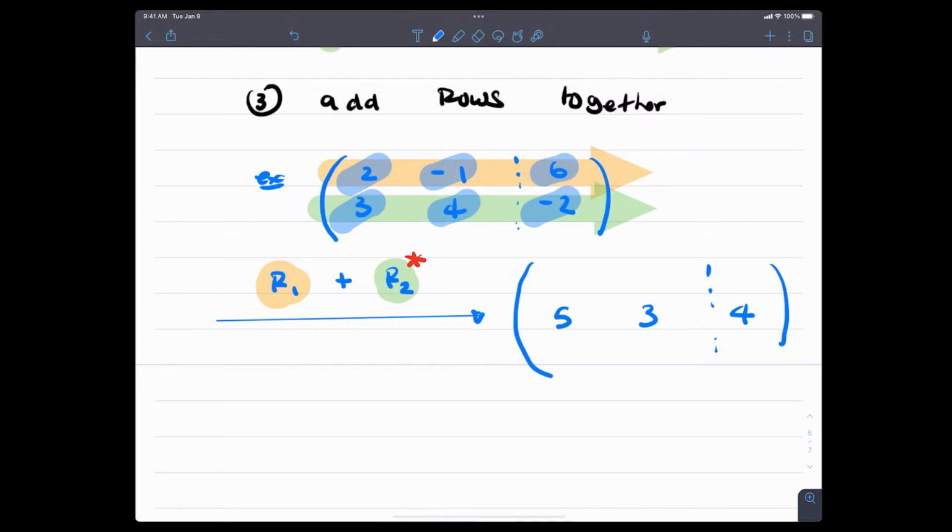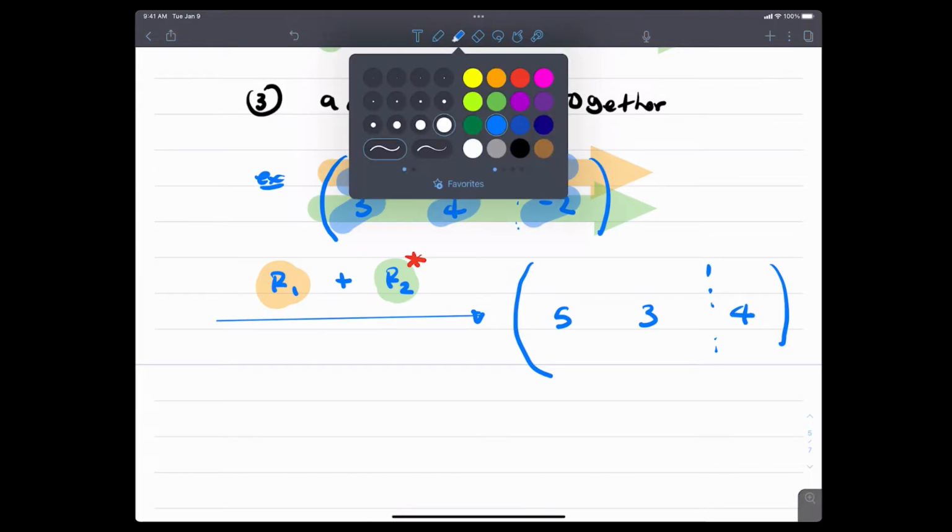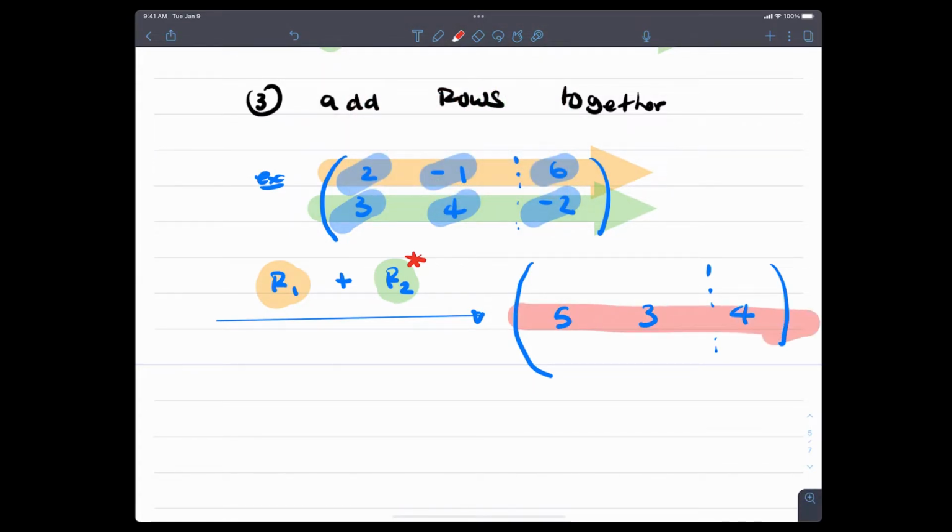So the asterisk is in row 2, ladies and gentlemen, because that means you have a new row 2. You changed row 2. It's new. That's why you have the asterisk there. But then what do you do with the entries for row 1? You just copy them down. Just copy them down, and you have the same row 1, but a different row 2. There you go.